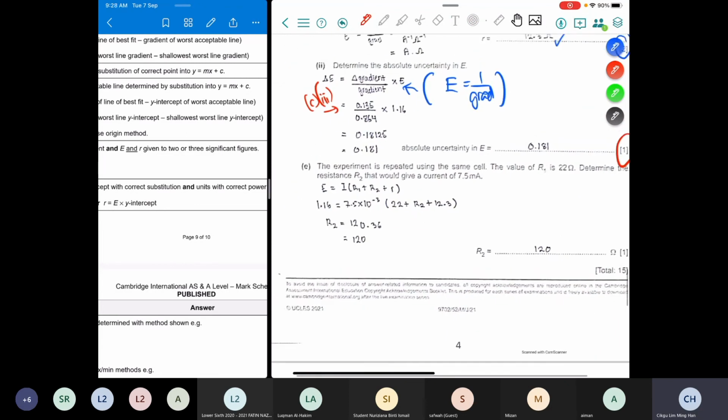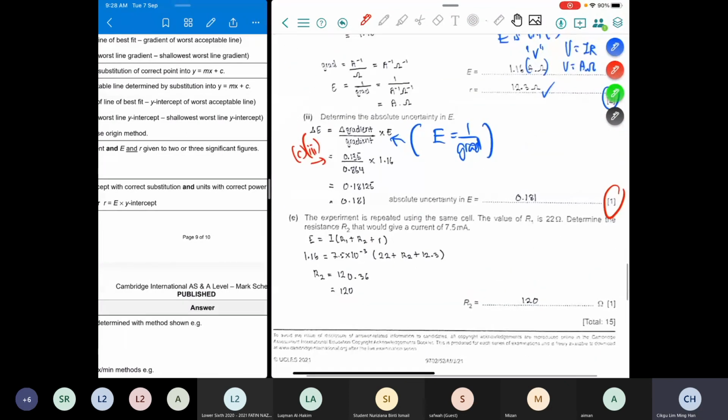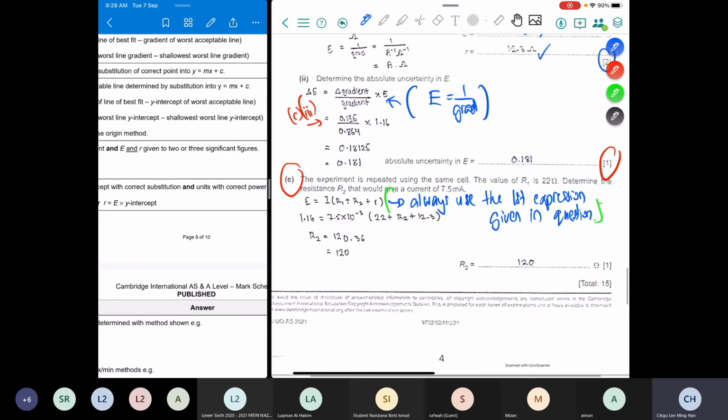And last but not the least, this last question here, always use back the first expression given in the question. Always, so remember this one. This is the last question.